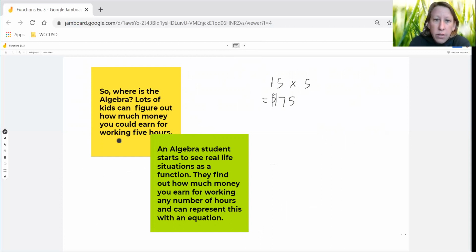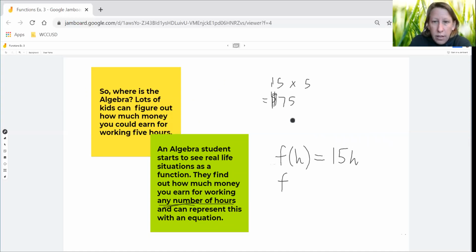But an algebra student knows that this simple situation can be modeled with a function. Not only can you find out how much you would earn for 5 hours, you could find out how much you could earn for any number of hours. That's a variable. So instead of saying 5 times 15 is 75, they can model it with the function f of h. h stands for any number of hours that varies. Maybe 1 week you only get 6 hours of work. Maybe 1 week you're working 40 hours.